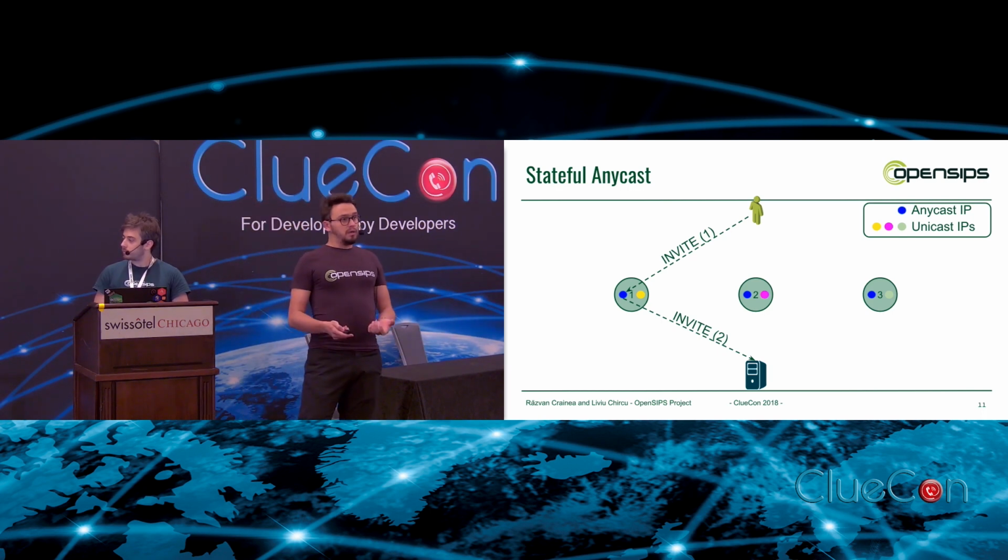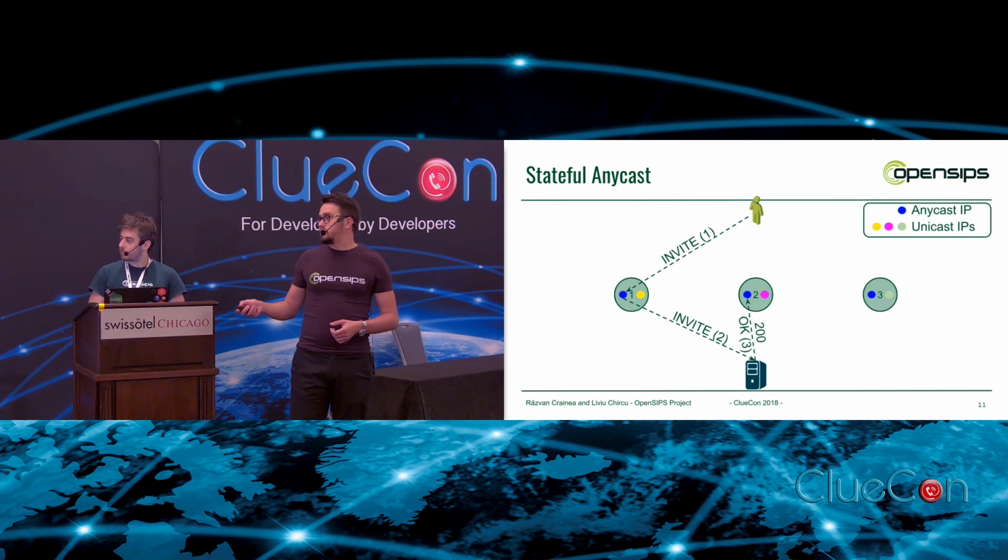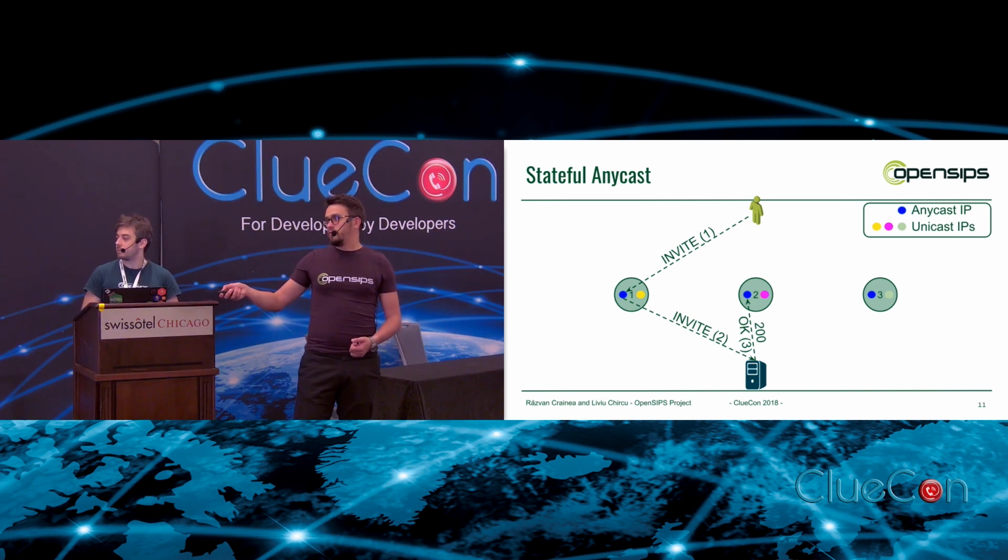That's why we needed a solution that uses Anycast in a stateful mode. And how we've done it is, we have the same scenario. The client calls here, it goes down to the gateway, which responds here. But now, this node doesn't have any idea about the transaction, because the transaction is only known by node 1.